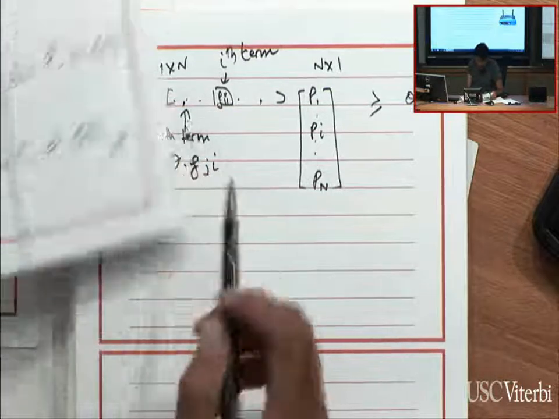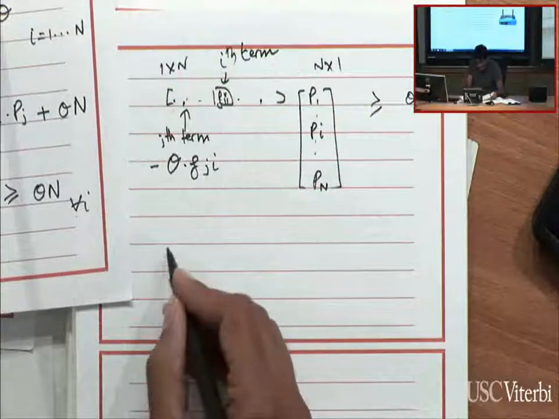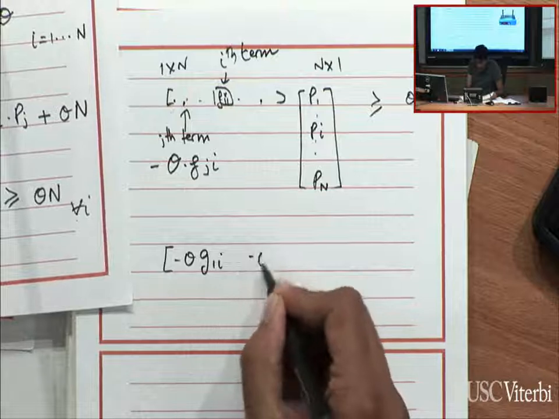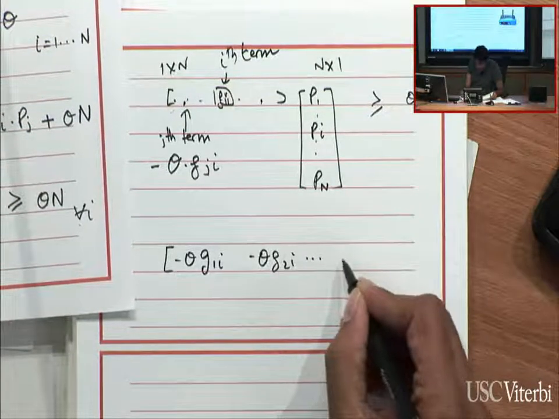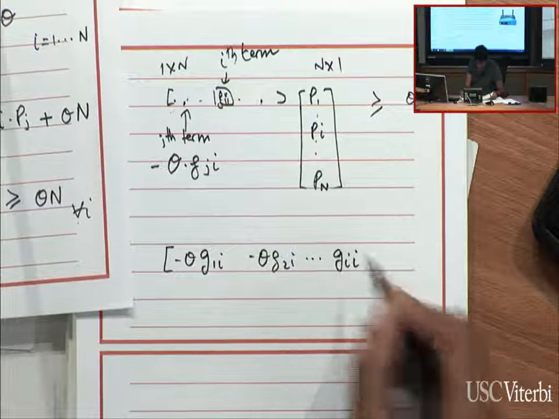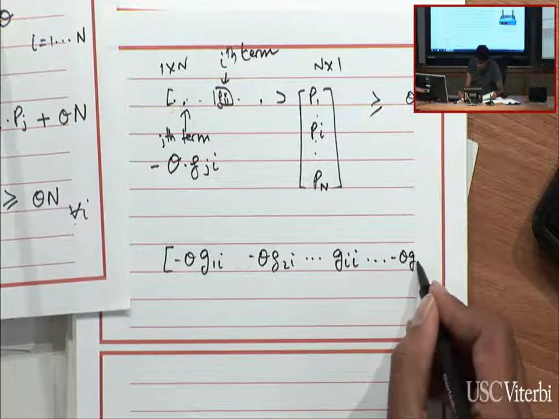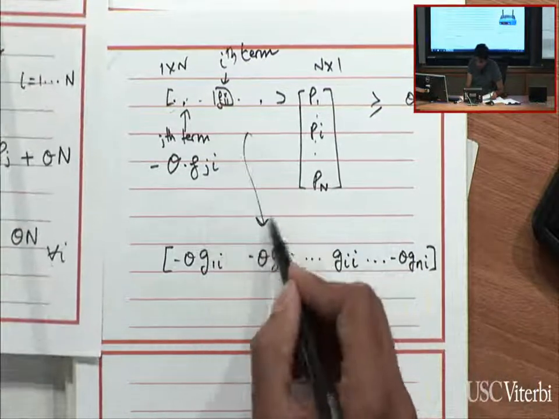So if I look at one of these equations, I can rewrite it as this vector of negative theta G_1i, negative theta G_2i, and so on, and then this ith term looks different. It just has a G_ii. So that's what this vector is.